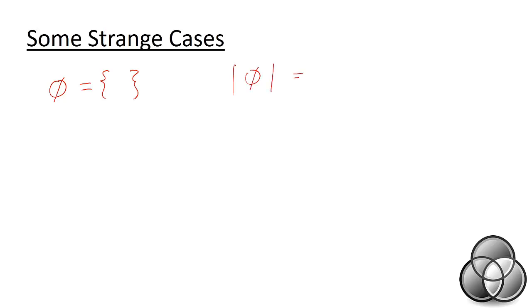That's because there are no elements inside of this set. Another weird case that might happen is we have a really large set that actually contains an infinite amount of objects, like our natural numbers here, 1, 2, 3, 4, and so on and so on. In this case, we say that the cardinality of this set is infinite.